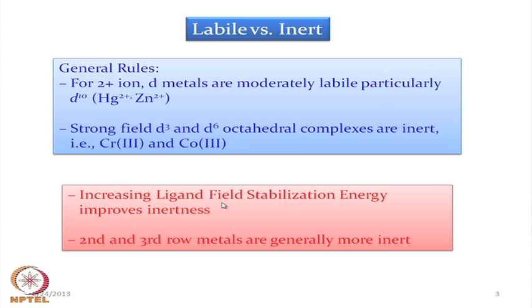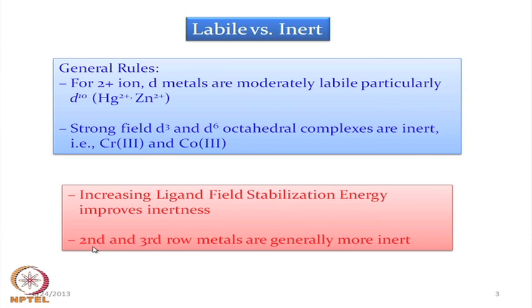So, increasing the LFSE values improves the inertness. For these d3 and d6 octahedral complexes, the LFSE values are pretty high, that is why we have the corresponding inertness in the system.